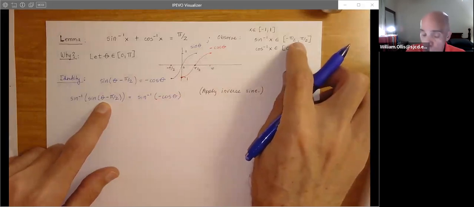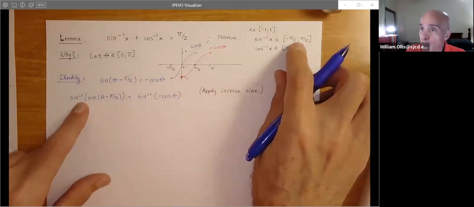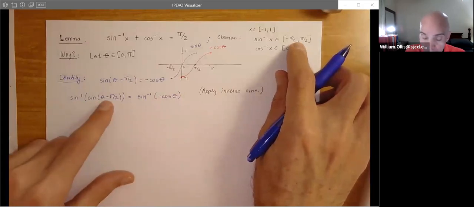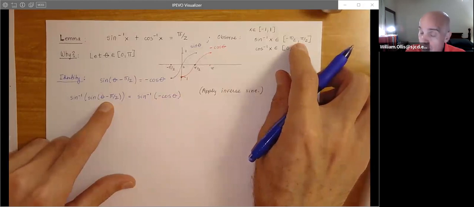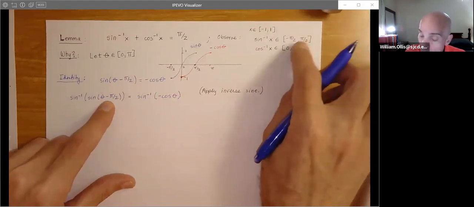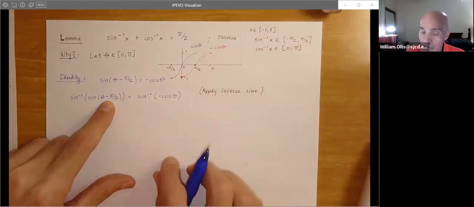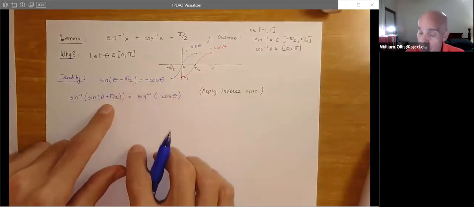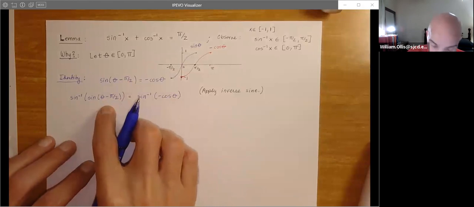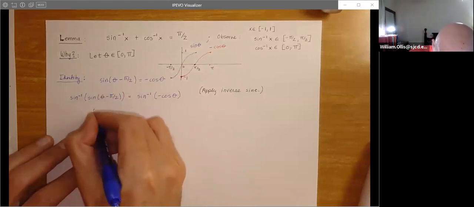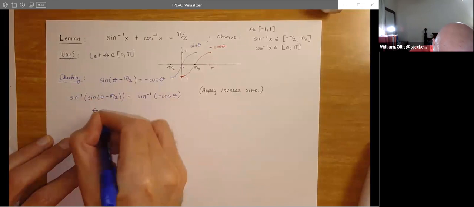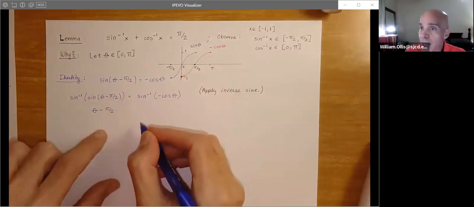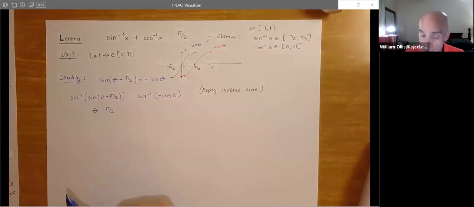And we need that restriction if the inverse sine is going to absorb the sine: the theta minus pi over 2 must live in here, and it does, as we just verified before. So this is valid, again, using the inverse equation. So on this side, this reduces to theta minus pi over 2, or just the x, as we wrote in the last lecture.